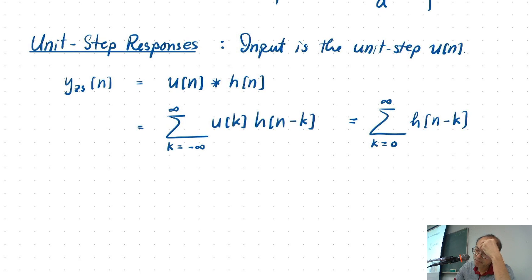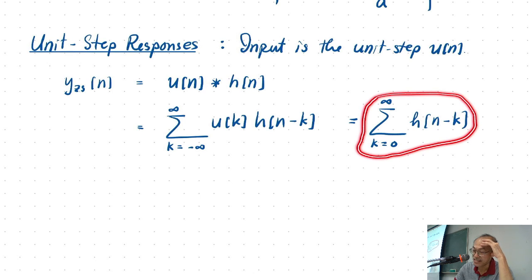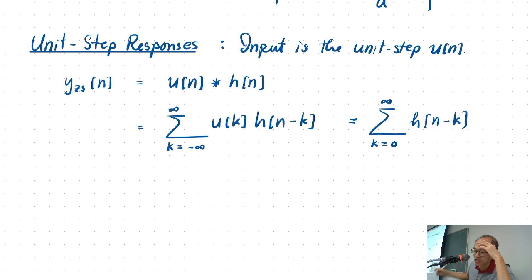I'm not happy about this n minus k here. I want to make it simpler. To make it simpler, I have to think about what this summation really is. So let's unfold this summation, using orange ink. When k is 0, I have h of n.